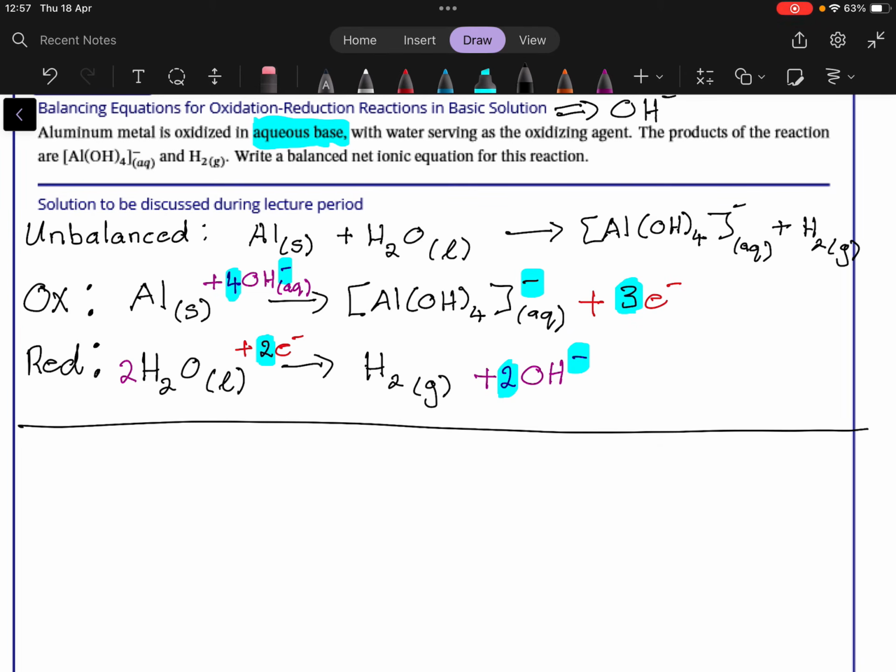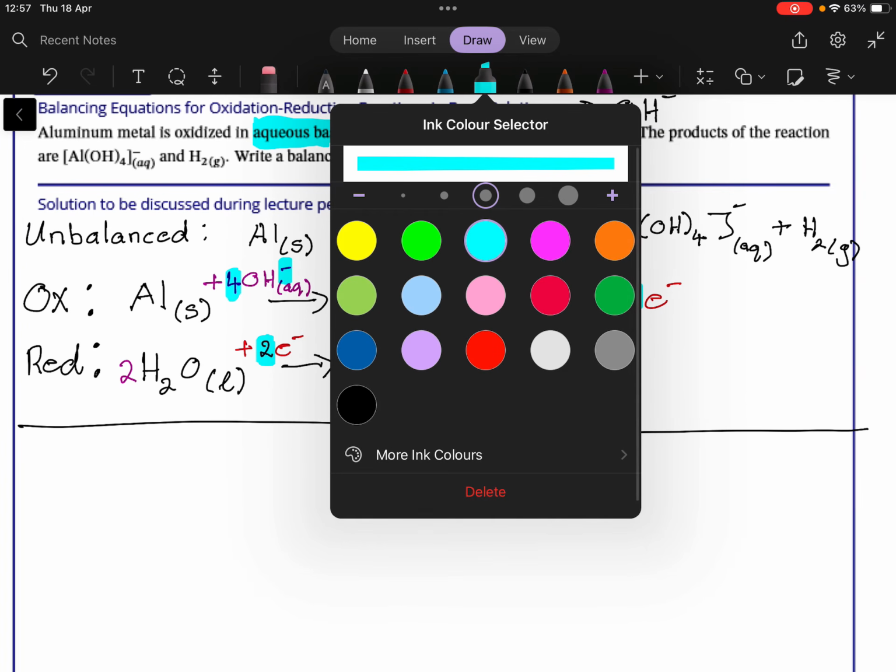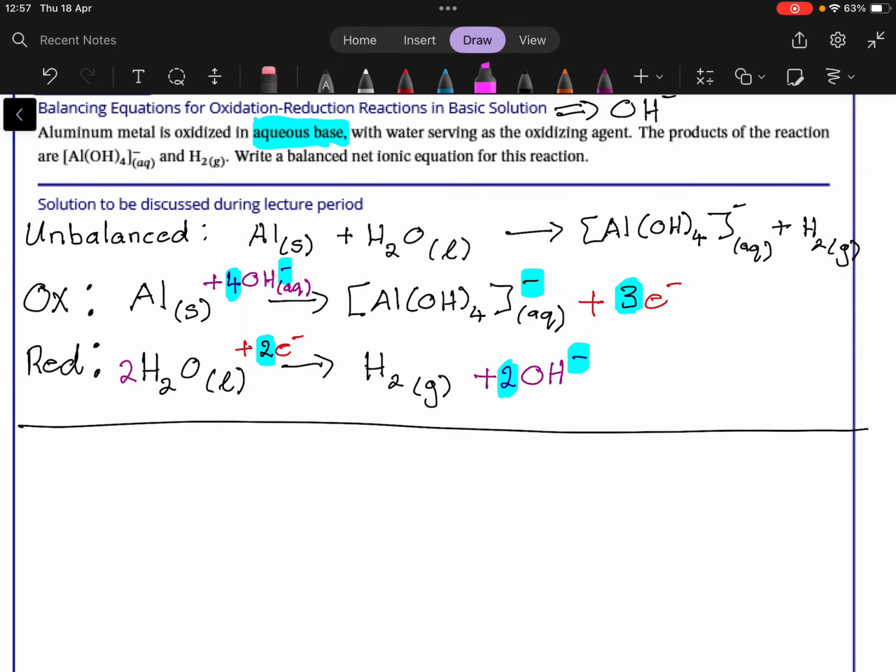Everything else will be happy because it's like it was at the beginning. You can also look at it from the perspective that we have 2 hydroxides, and there we have 4 hydroxides. So what do we need to multiply these equations with to get that right?